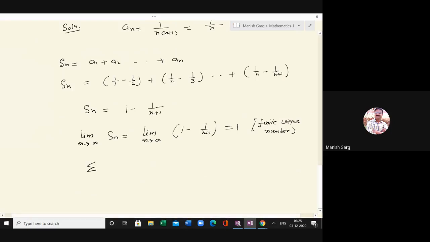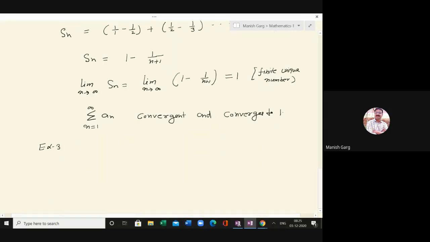It means the series An converges. Convergent, and converges to 1. Now I am taking example 3 of oscillatory.